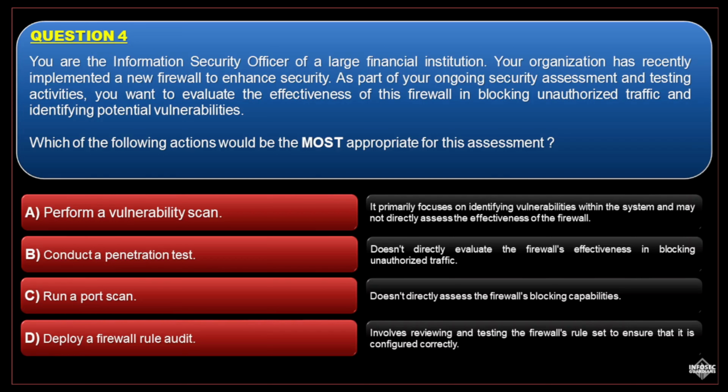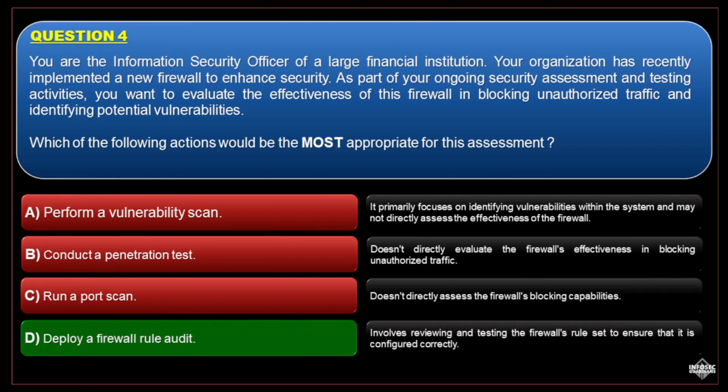While options A, B, and C are important security assessment and testing activities, they do not specifically evaluate the effectiveness of the new firewall in blocking unauthorized traffic. Option D, deploying a firewall rule audit, is the most appropriate action for assessing the firewall's performance and security configuration.